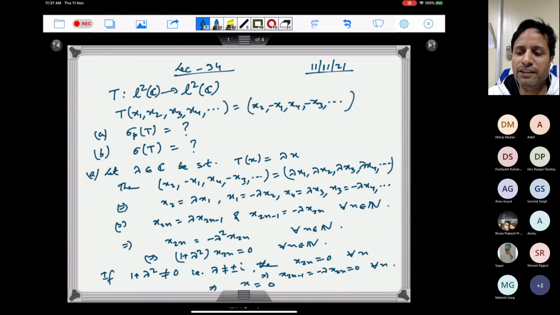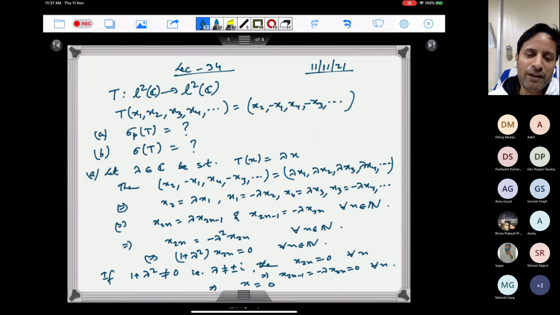If you look at T star equal to minus T, then it will follow that the spectrum has to be on the imaginary axis, so it has to be iota times a real number. And for a unitary operator, the spectrum can be shown to be a subset of the unit circle.